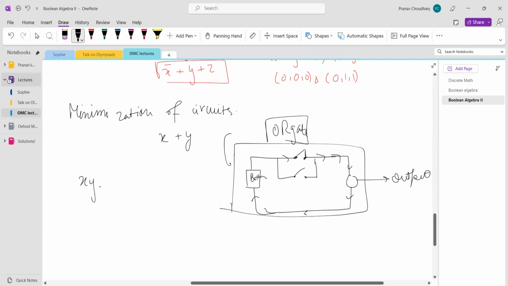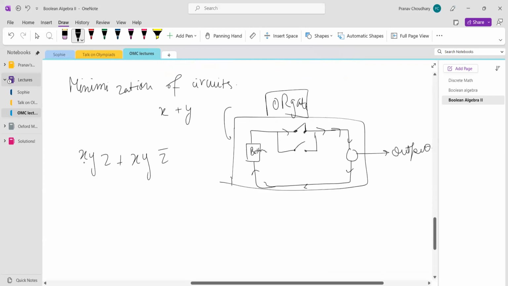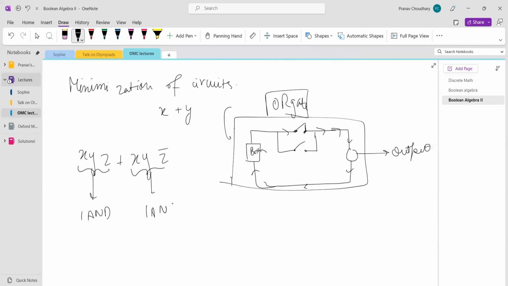Like if I give you something like XYZ plus XYZ conjugate, then I have to use one AND gate for this and one OR gate, right? Or rather, okay, this is a slightly big example.